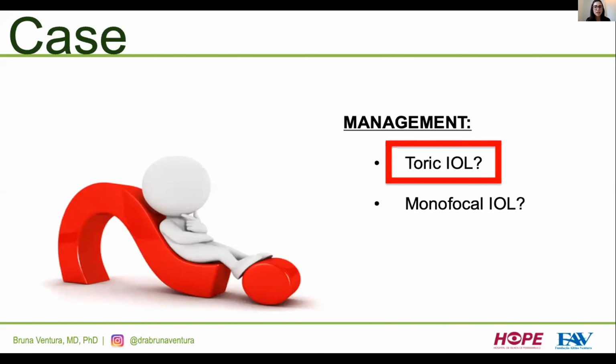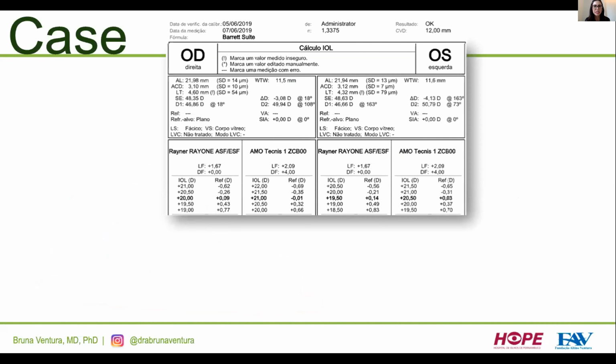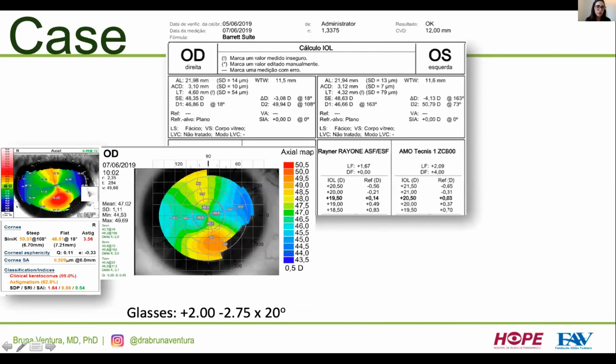So I decided on implanting a toric IOL in this patient, and then the next step is to decide which measurement to use when planning your toric IOL in these eyes. So here we see the IOL Master 700 data on the patient, her OPD scan, and the ISIS result for the right eye.